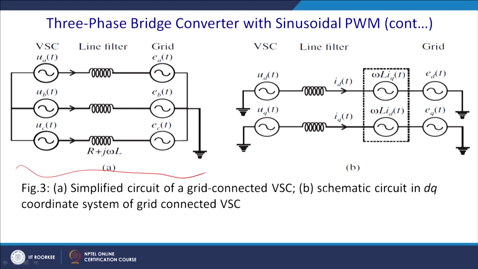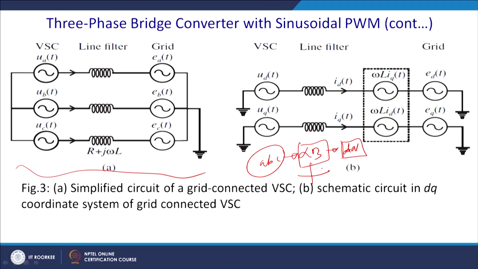So, what you essentially require is to transform the ABC parameters to alpha beta, which is called the stationary reference frame, and it will have 2 axes. When this alpha beta is rotated in a synchronous frame, then the quantities at 50 hertz become stationary.